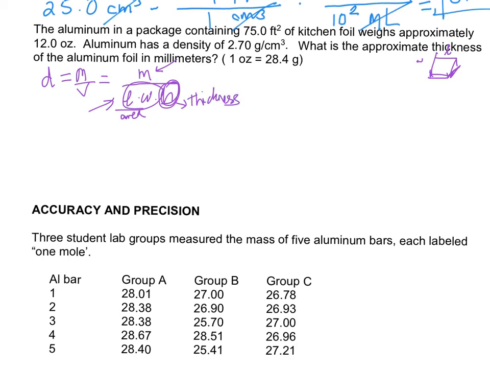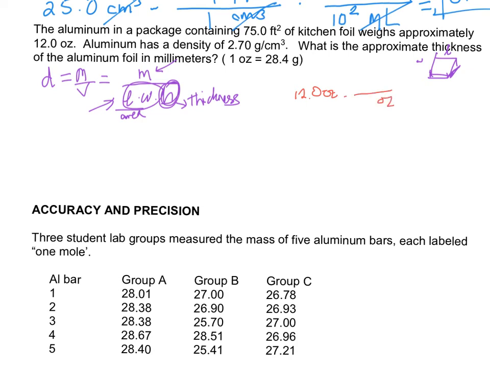So it's a relatively simple problem. The only thing is, you have a lot of units here. So let's work on the units. So mass, we need to convert that to grams because our density is given in grams per centimeter cubed. So we'll start with the 12.0 ounces.